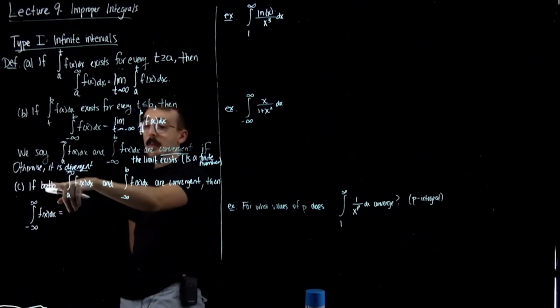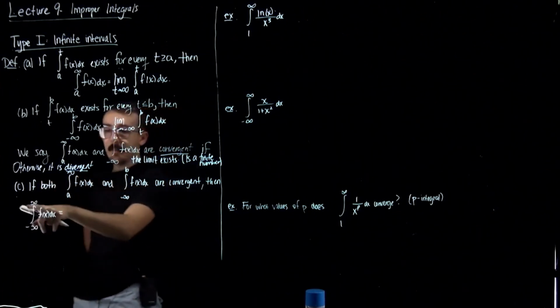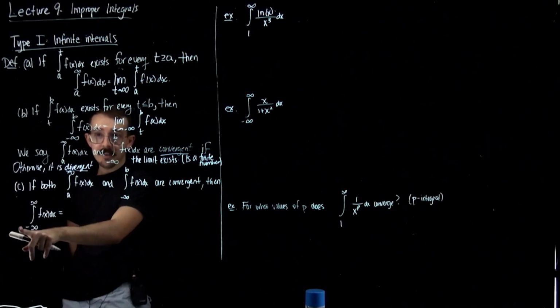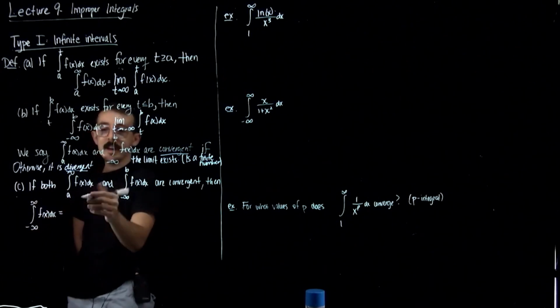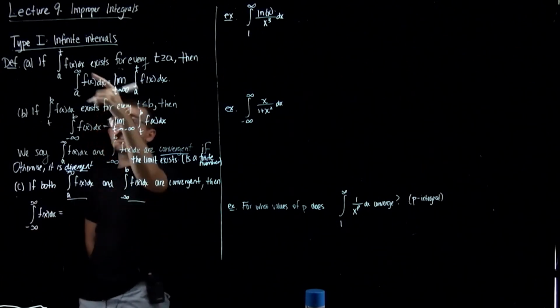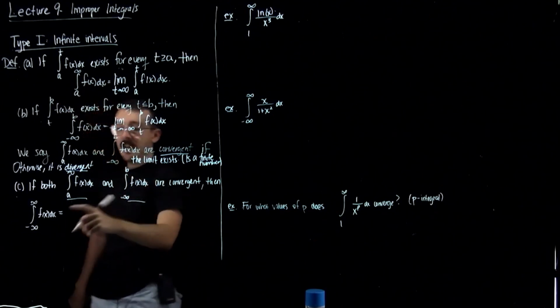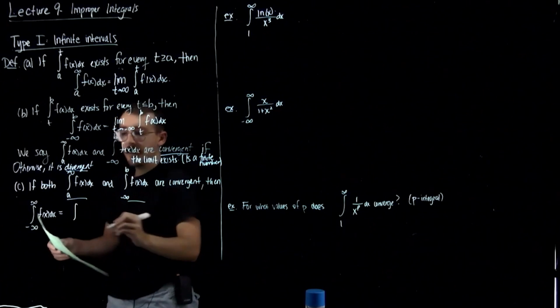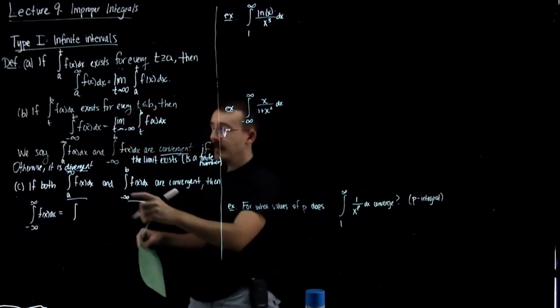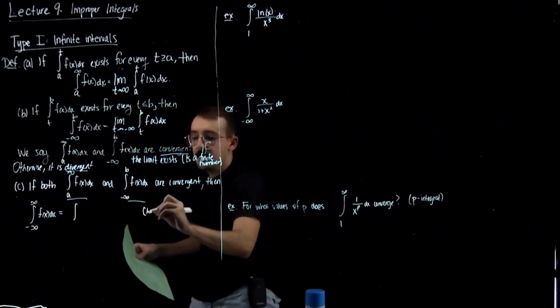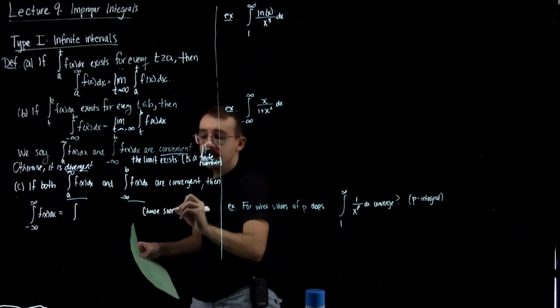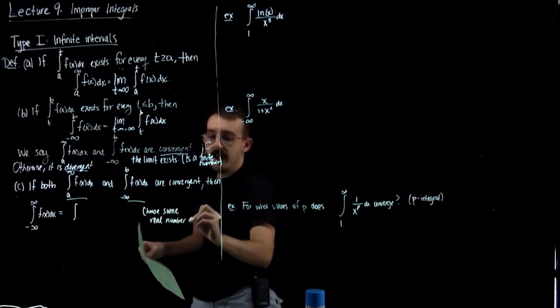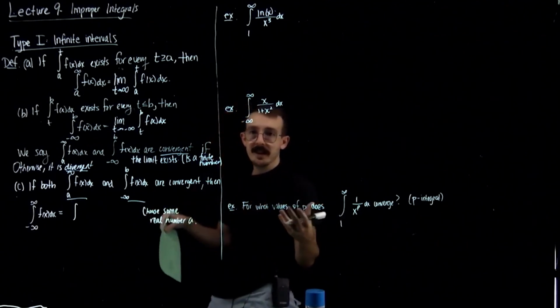So then the way you define the case where both of the bounds are infinite, this is like the most extreme case, is you need to look at each of case A and B separately. And then the way you look at this one is if each of them exists separately, you would choose some real number, a. It doesn't really matter which one it is.